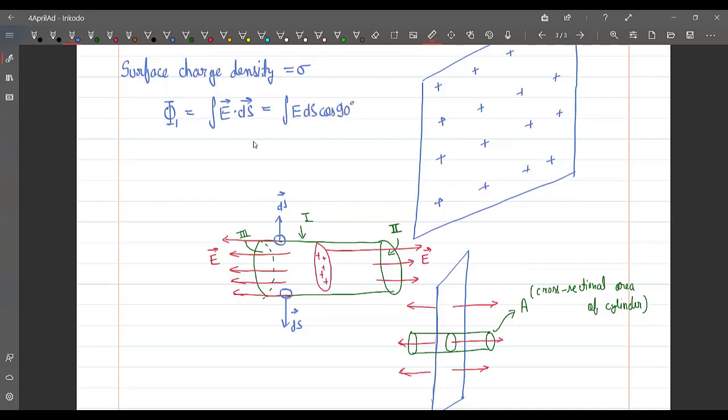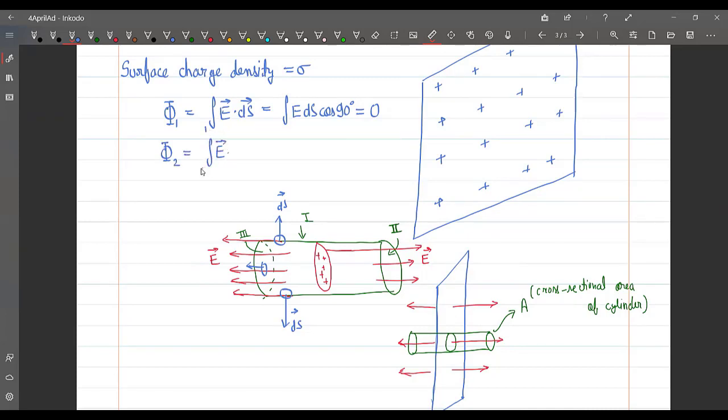It again becomes 0. So flux through the first surface becomes 0. Then let us calculate the flux due to the second surface. For the second surface, you will draw a ds vector and the electric field is along the ds vector. This will be again E dot ds.